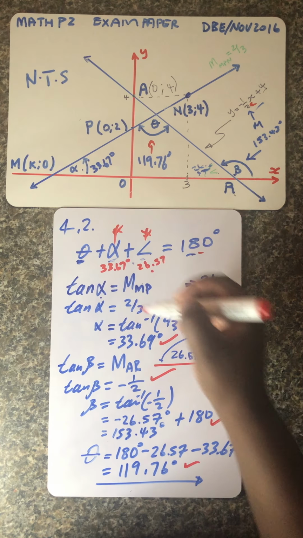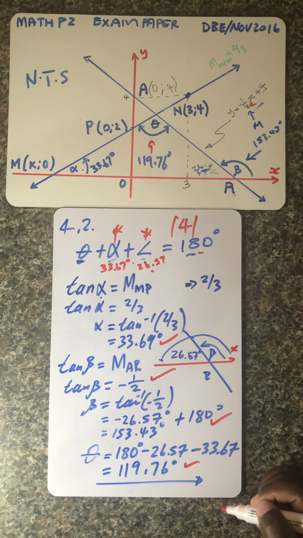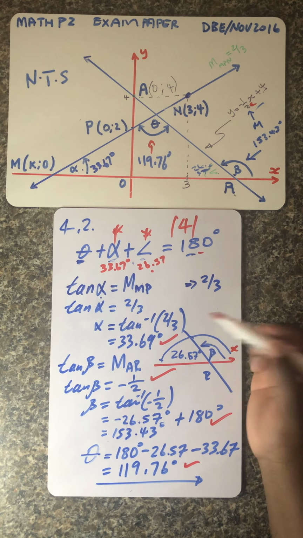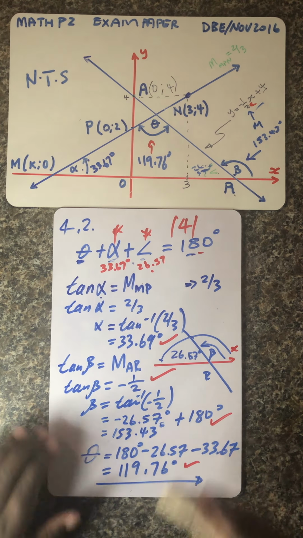Don't confuse those ticks. This question is allocated 4 marks. This is where you can score your mark, this is where they can give you your 3rd mark and your 4th mark. Okay, so guys, I assume you understood exactly what we did there. So now let's move to the next question.